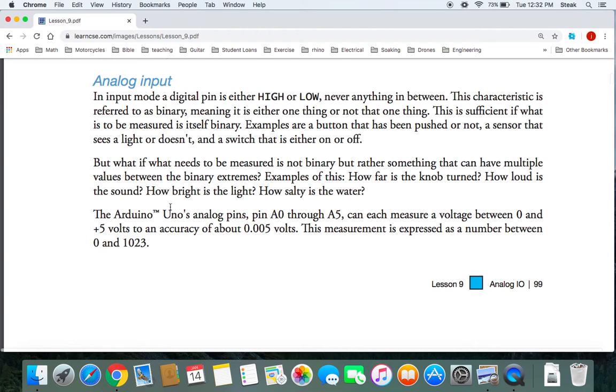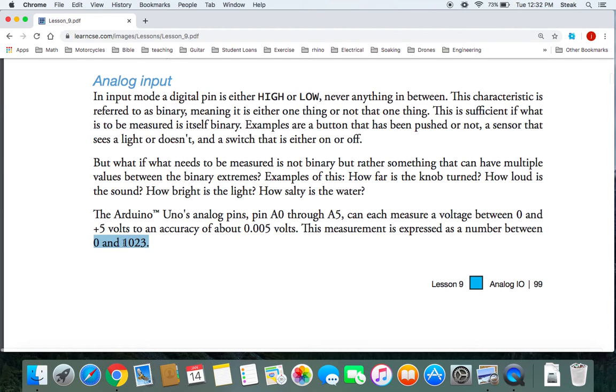The Arduino Uno's analog pins A0 through A5 can measure a voltage between 0 and plus 5 volts to an accuracy of about 0.005 volts. This measurement is expressed between a number 0 and 1023. So, how many gradations are there between 0 and 5, between high and low?